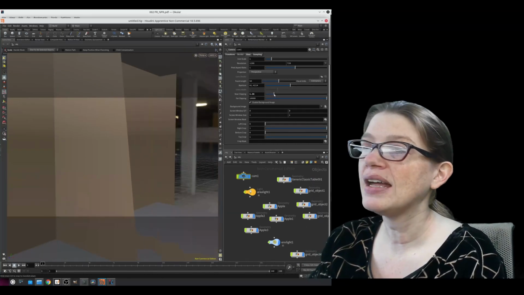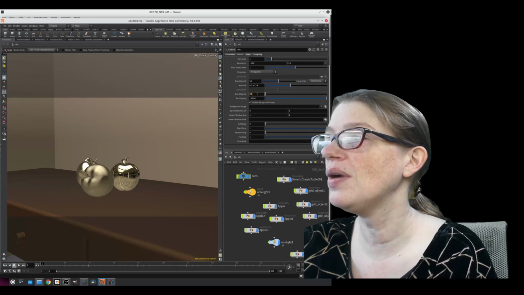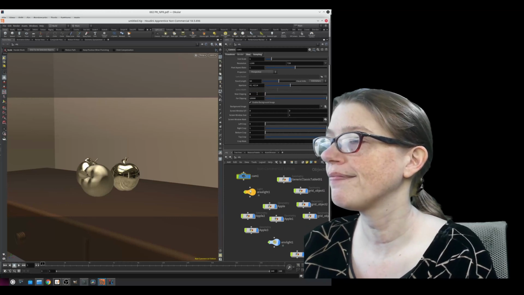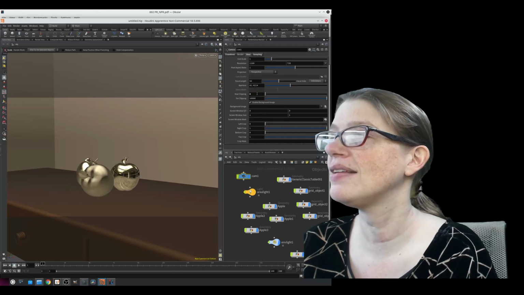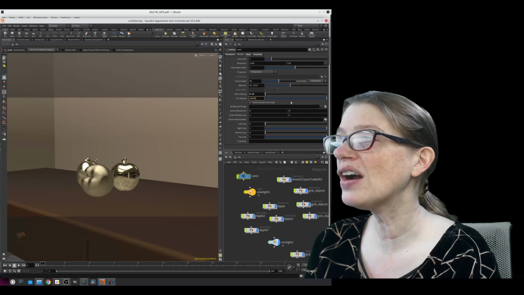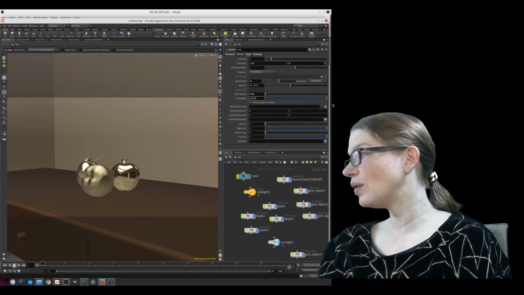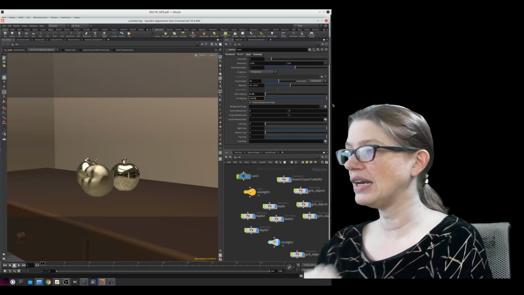So that is my near clipping plane. Let's change it back to what it was. And then the far clipping plane, which is the back: anything behind the far clipping plane is going to be clipped off. We're going to get rid of it.